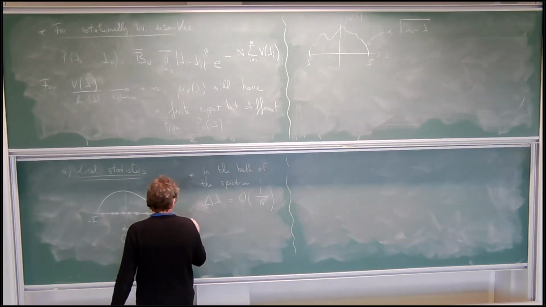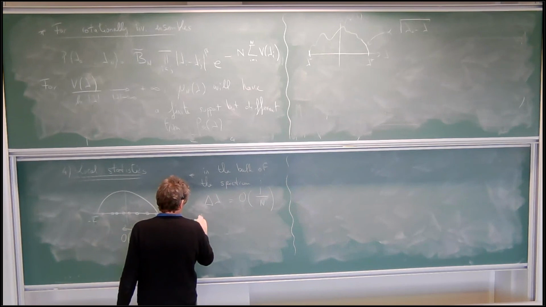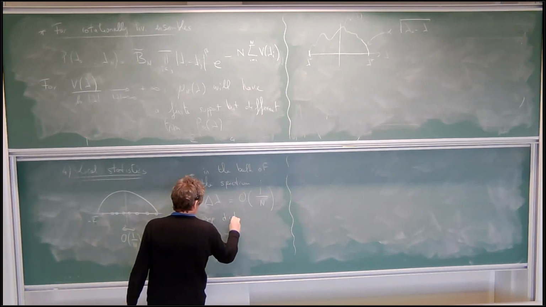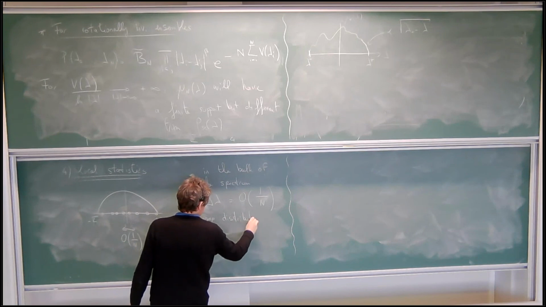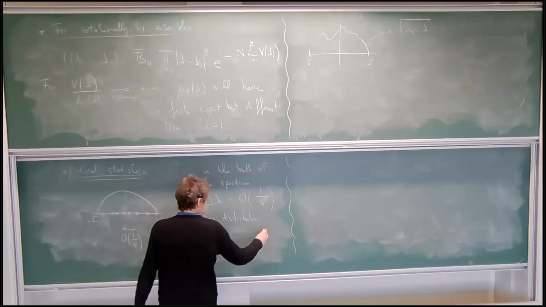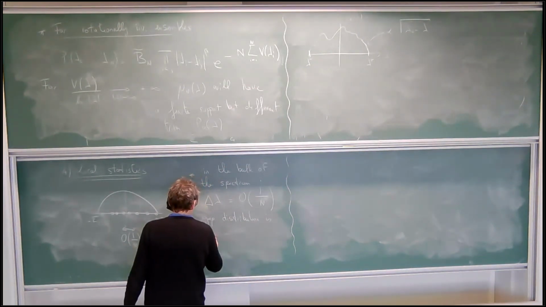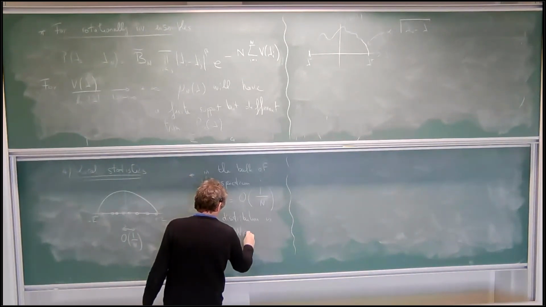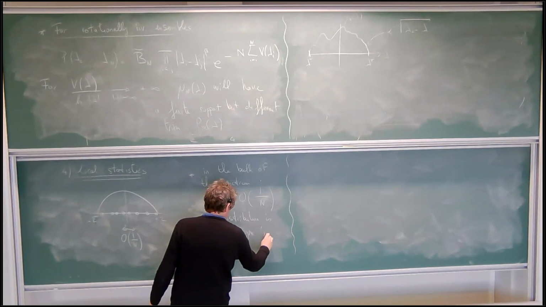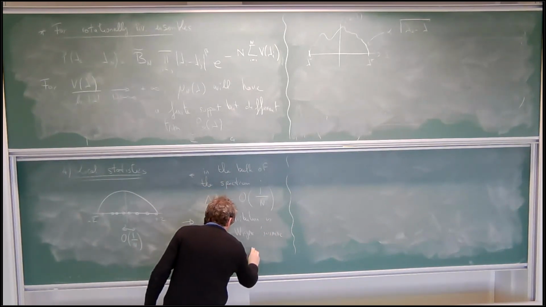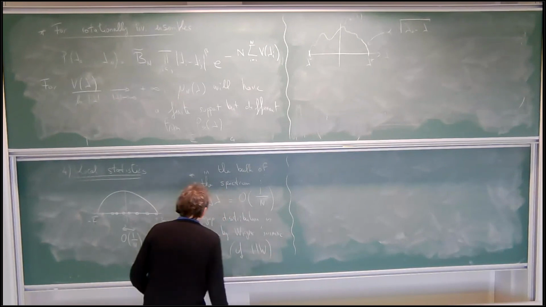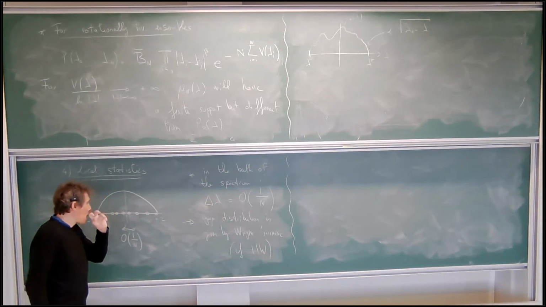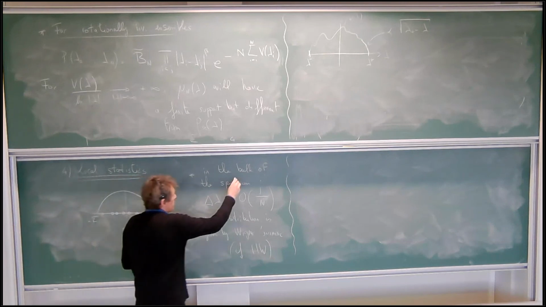So the gap distribution in this regime is given by the Wigner surmise. So that's called the bulk.